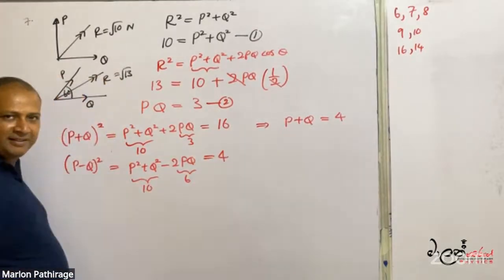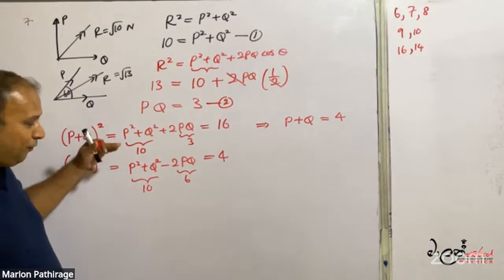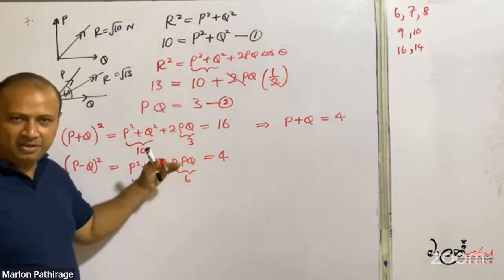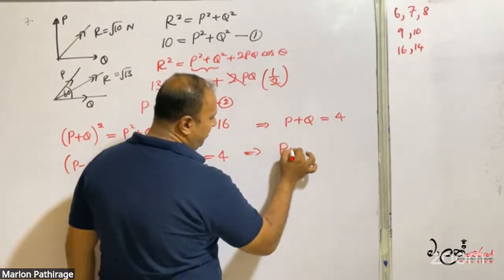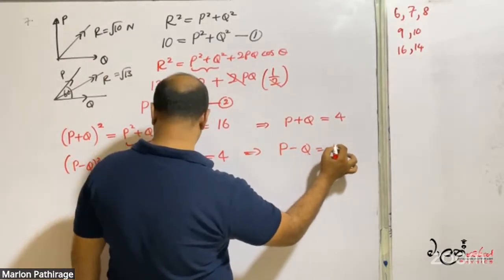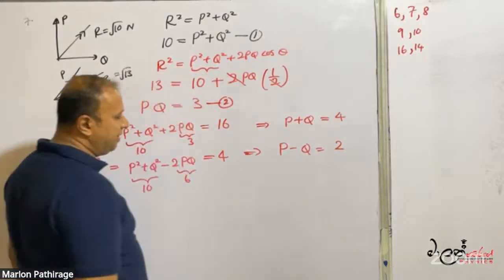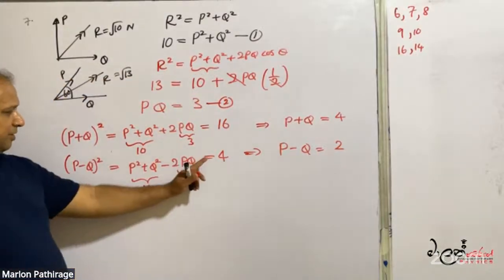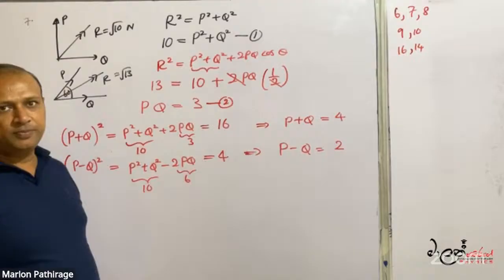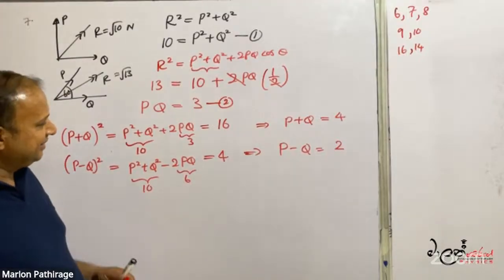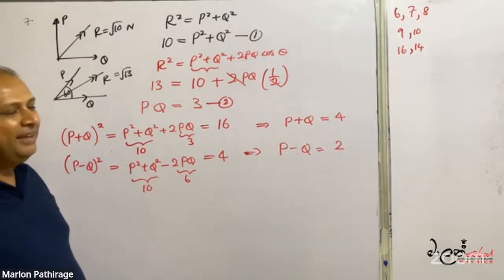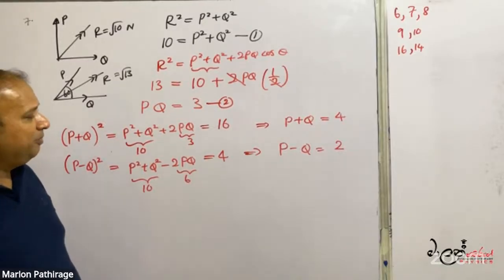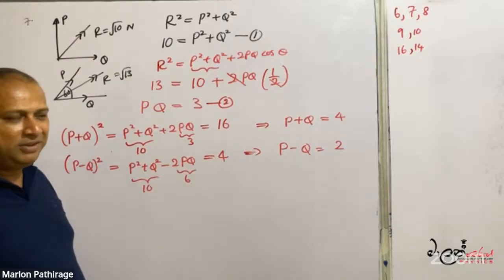If you take the square root of it, P minus Q is equal to 2. Then you can find both P and Q.